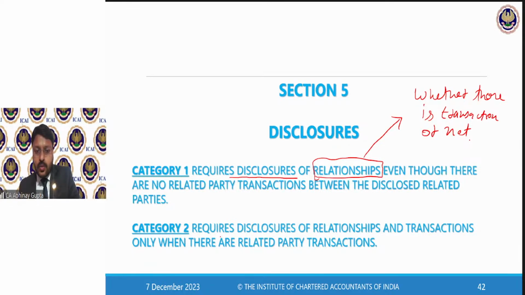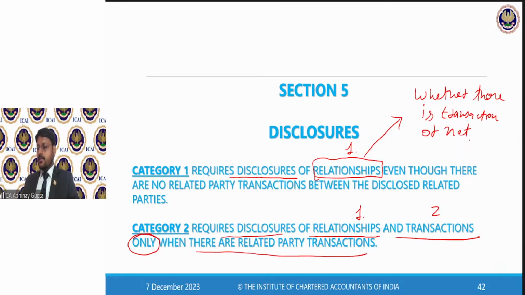Category 2 requires disclosures of relationships and the transactions. So relationships as well as transactions. Here, relationships only, because there are no transactions. Only when there are transactions with those related parties.